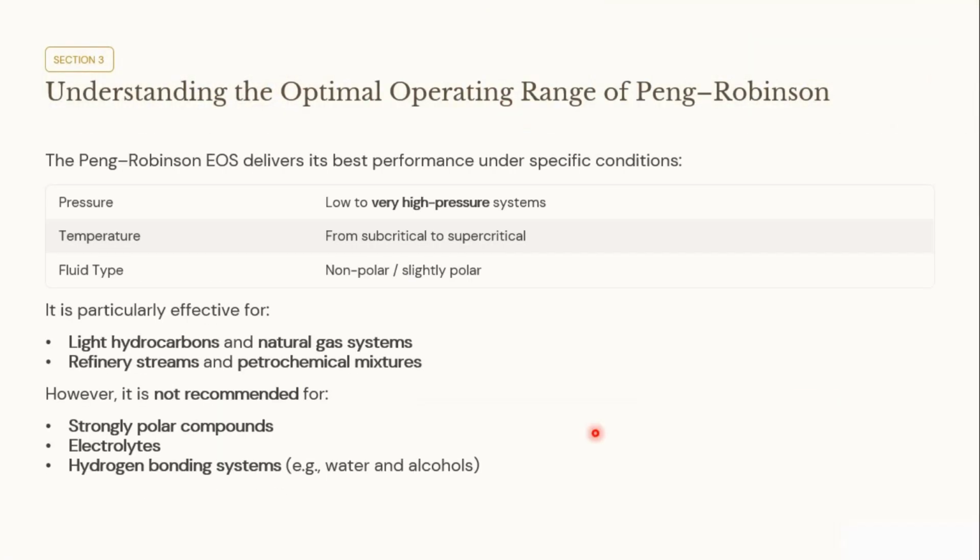Understanding the optimal operating range of Peng-Robinson: when we talk about pressure, low to very high pressure systems, and it has a very wide range in temperature, from subcritical to supercritical. Fluid type, non-polar, slightly polar. So it can also handle slightly polar systems, but most widely it is used for non-polar systems.